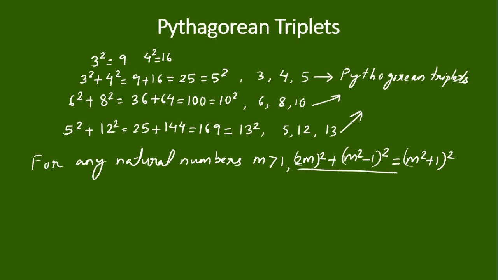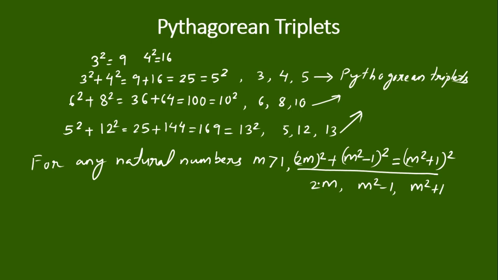If this condition is satisfied, then we can say that these three, that is 2m, m square minus 1 and m square plus 1, are known as Pythagorean triplets.